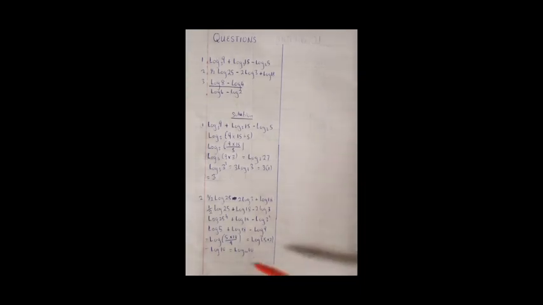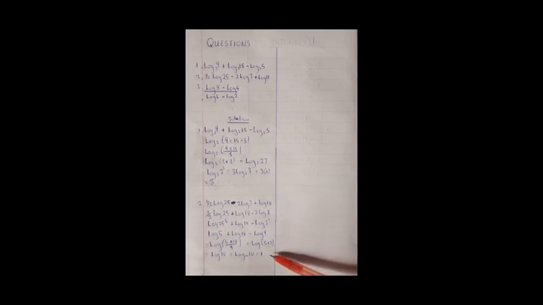So there's an invisible 10 here, so we can rewrite this as log 10 base 10. Remember the law that I said: when you have a number to its own base, the answer is 1. So log 10 base 10 will give us 1. So here we have our final answer as 1.